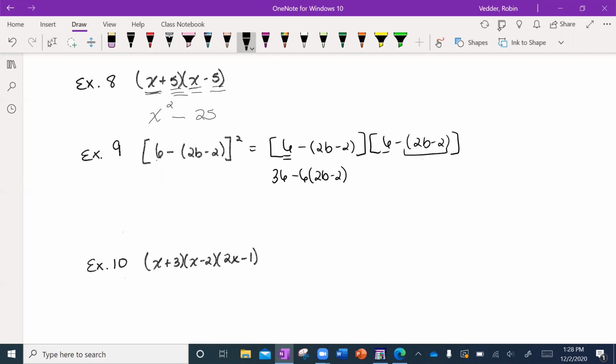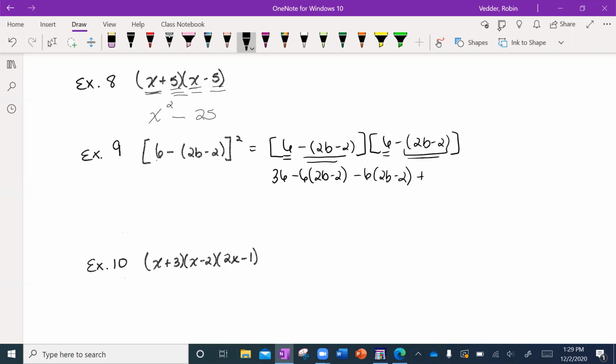For our inside, we have this whole guy times this. So again, we're multiplying a 6 times the negative 2b minus 2. So that's going to be a negative 6 times 2b minus 2. And finally, for the last, let's do the sign first. We have a negative. It's that times that. We have a negative times the negative, which is a positive.